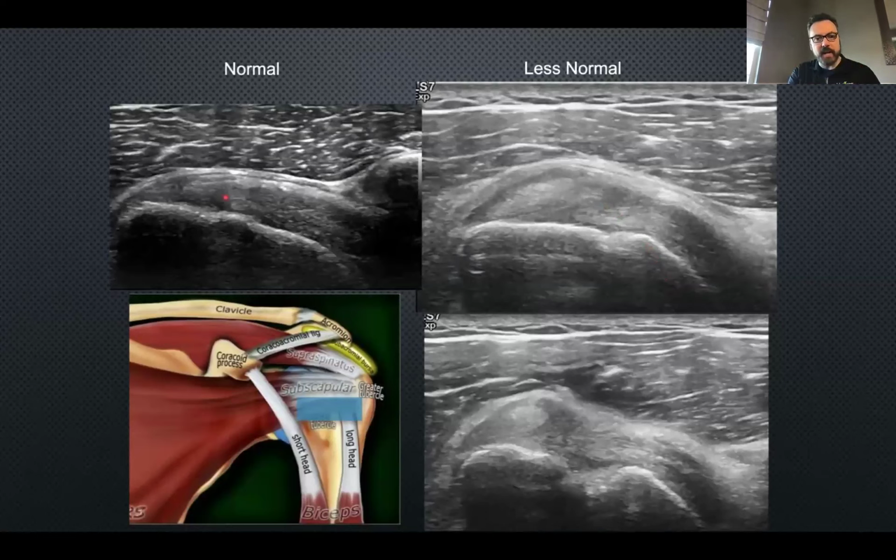We externally rotate it, and in a normal situation you would put up the entire tendon of the subscapularis muscle. If the probe is sitting right here, when we turn our humeral head, we should pull more of that subscap into view and see the entire tendon. That's what we would expect to see.